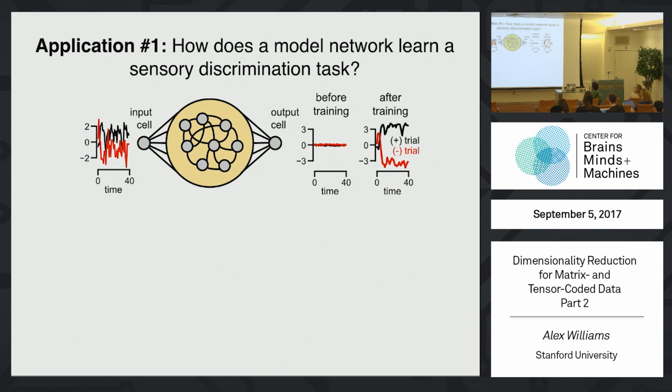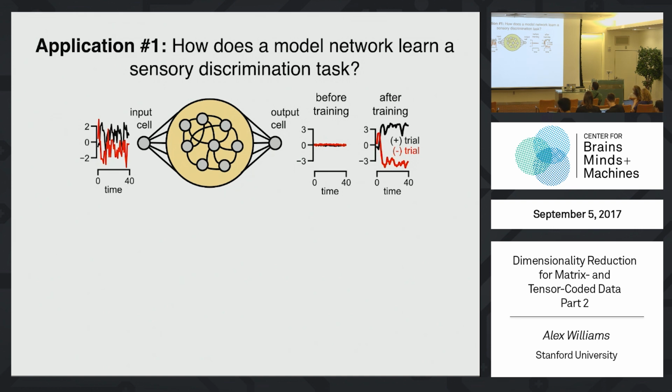Even though the assumptions are technically violated here, and I can't give you a mathematical theorem that TCA is the right thing to do, we can empirically show that we get something useful out of it. The first application is a model neural network, because we can basically do any experiment we want and measure any synapse we want. This is a great model system as a proof of principle.